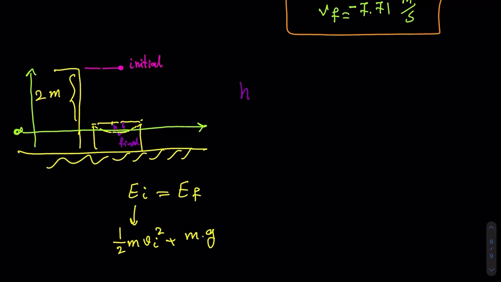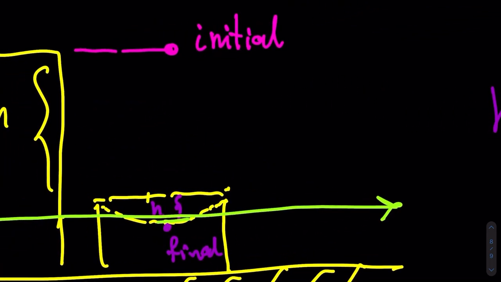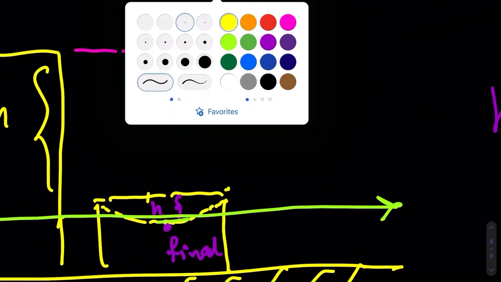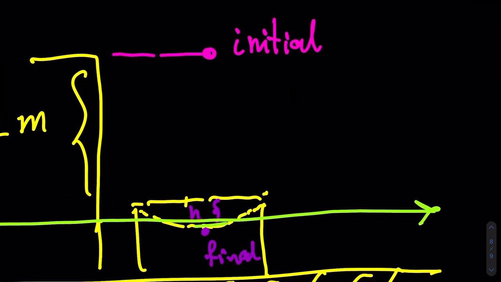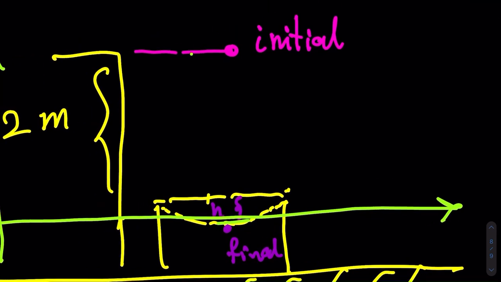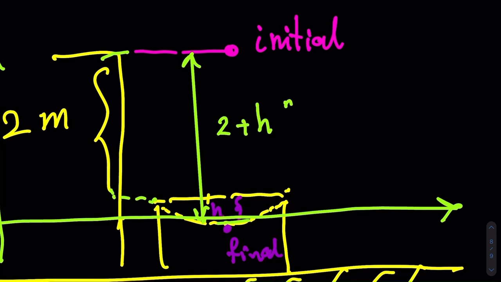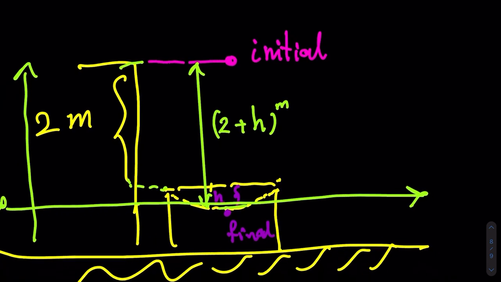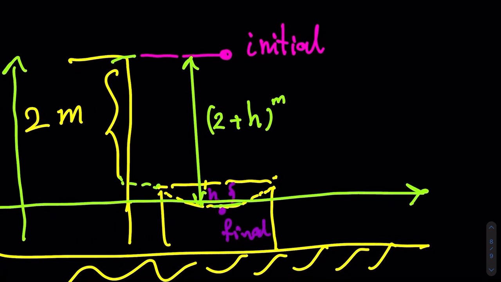But what is h? Is it 2 meters? If you notice, h here is no longer 2 meters. It is more than 2 meters. If we take our h for the gravitational potential energy from this point to this point, it is no longer 2 meters, because from here to here is 2 meters, but it has something more, so therefore it will be 2 plus h meters.